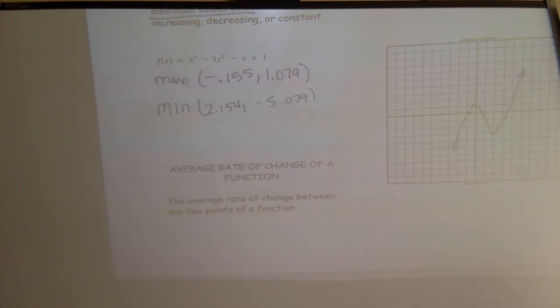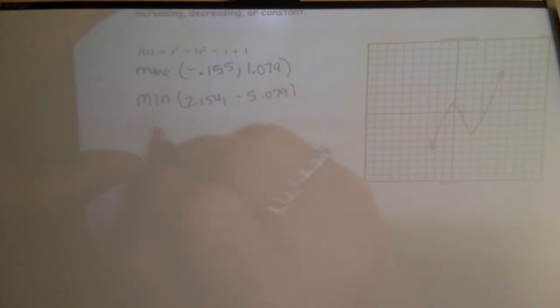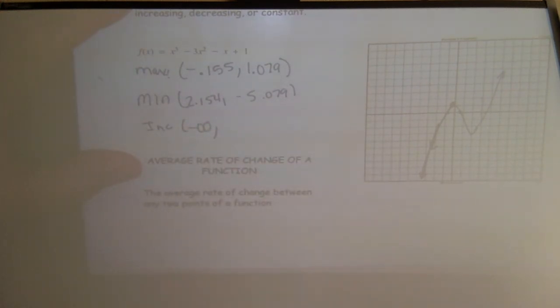All right, I just threw this graph up here because where is it increasing? Well, it's increasing from here to right here. So it's increasing from negative infinity to the x value of this maximum.